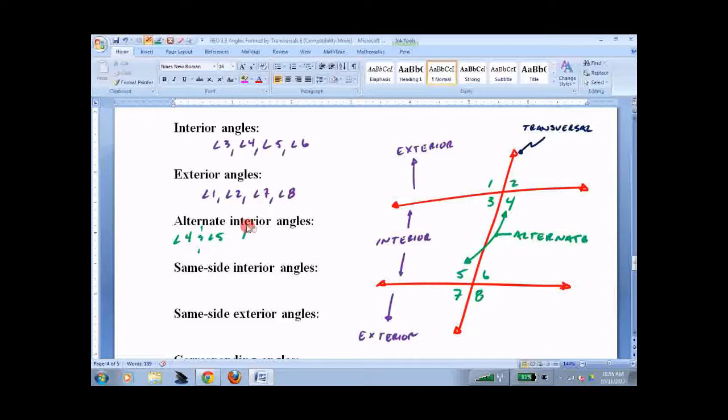Those are alternate interior angles. That's my little divider, so I break it up in half. Angle 3 and angle 6 would also be alternate interior angles. Right? Angle 4 and 5 together, or angle 3 and 6 together, but not both together at the same time.